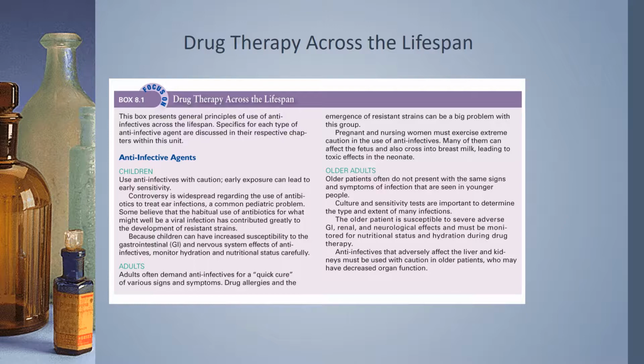Drug therapy across the lifespan. This is a focus box in your pharmacology textbook that covers general principles of how we use anti-infectives across the lifespan. For example, with children, we want to use anti-infectives with caution because we don't want to expose children to more anti-infectives than they really need.